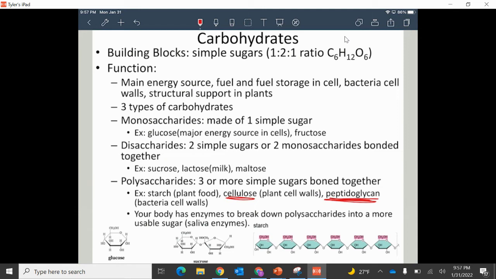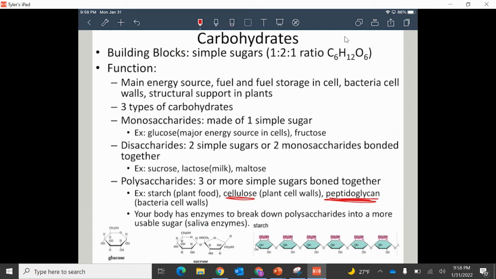There's a lot of energy stored in those hexagons. If you can figure out a way to break those bonds and get that energy out and release it, you have potential to have a fuel source essentially. You're going to read something about that probably on Thursday, looking at different types of carbohydrates.